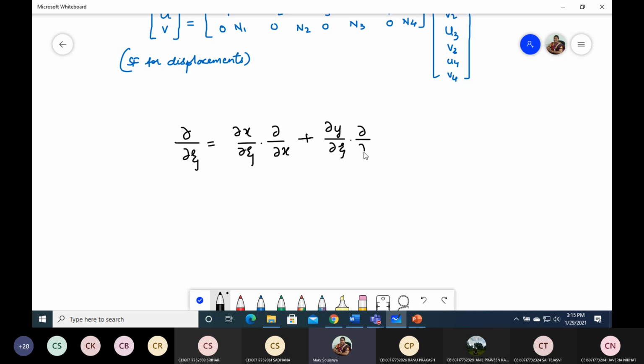Now what is the chain rule? You know. See here what I'm trying to do. Xi and eta are in the natural coordinate system, and x comma y are in the global Cartesian system. So using the chain rule, I'm trying to relate xi with x comma y, and eta with x comma y.